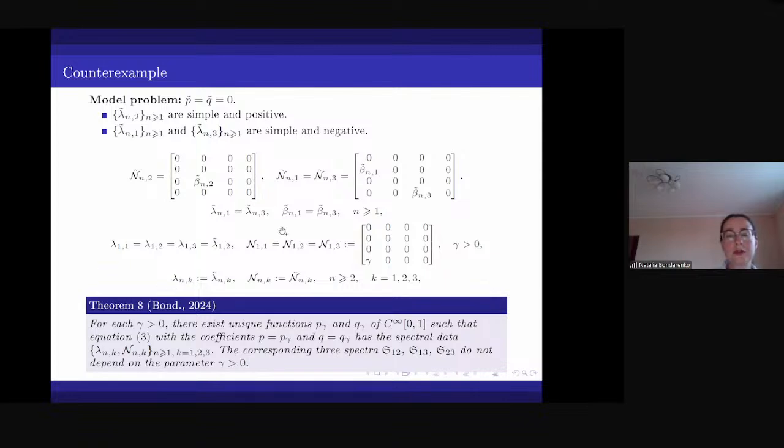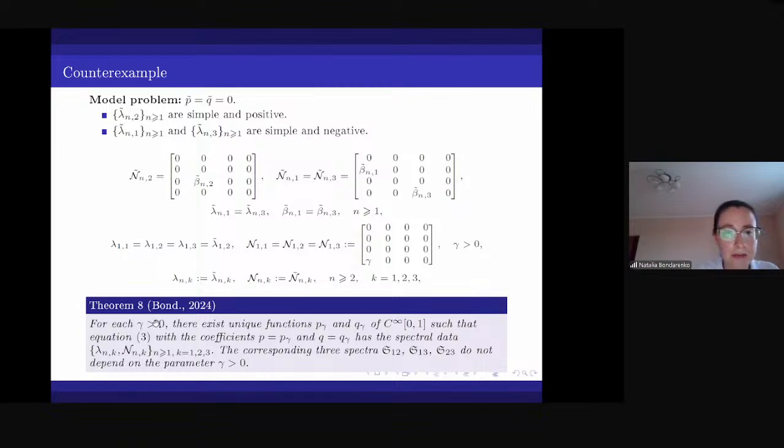So we can use this new data to construct some functions p and q. Of course, this fact needs some proof, because the method of spectral mappings reduces the inverse problem to some equation. We have to prove the solvability of this equation, but it is done, and we arrive at the following result.